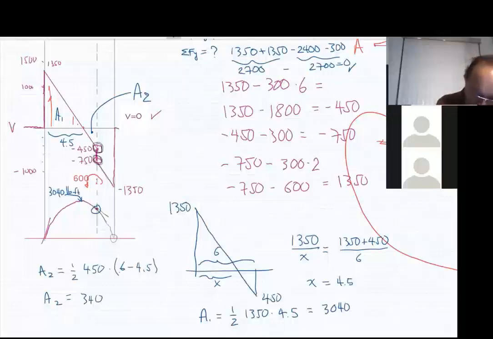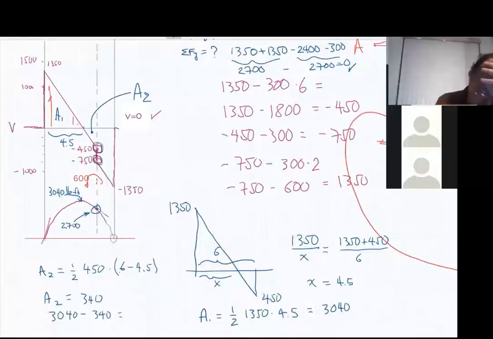Therefore, this point here will be 3040 minus 340. Right. That will be 2700. This one will be 2700.